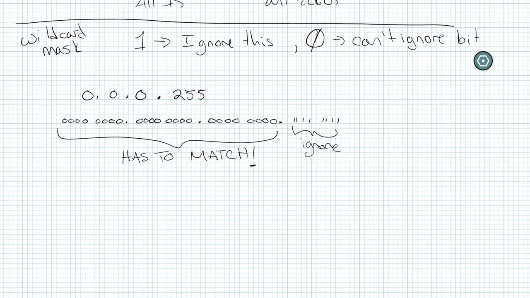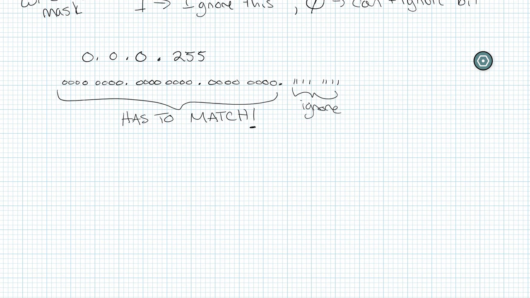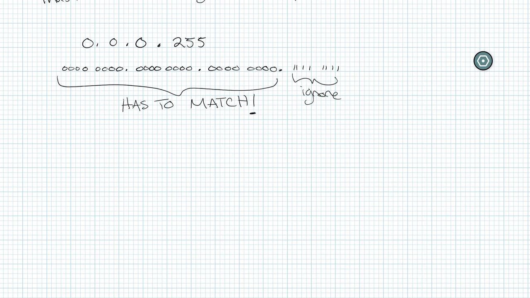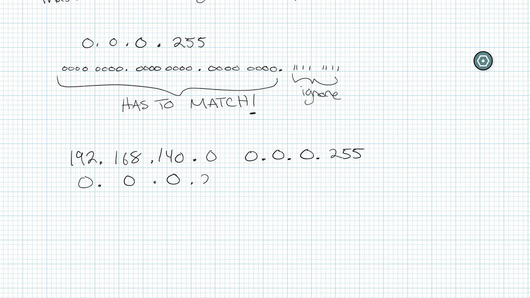Has to match. So if we're looking at, say, an address, we're saying, okay, anything that's in the network 192.168.140.0 with the wildcard mask 0.0.0.255, what it means is that if we line these up, all of these bits need to match exactly, but these bits over here, these ones can be ignored.